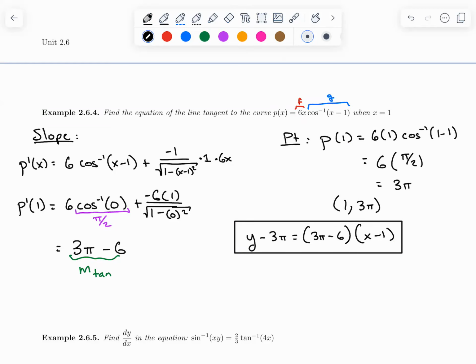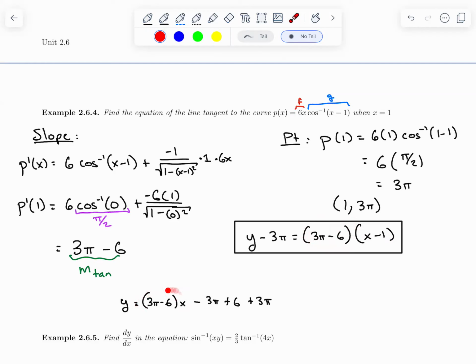All right, we can. So that'll be, on the side, y equals 3 pi minus 6 times x minus 3 pi plus 6 plus 3 pi. So what I'm doing, just in case you're curious, is I distributed the 3 pi minus 6 into both terms.